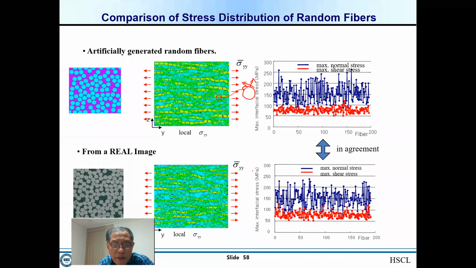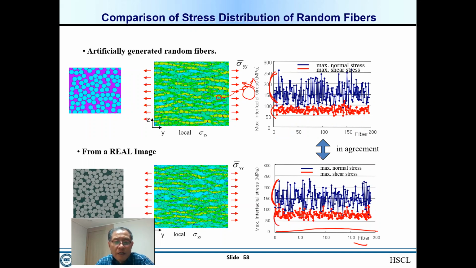We do the same thing using the real images, and we plot them for every fiber. As you can see, the fiber stress ranges are quite the same, for normal stress and shear stresses. So the conclusion is that these artificially generated random fibers well represent the real fiber images.